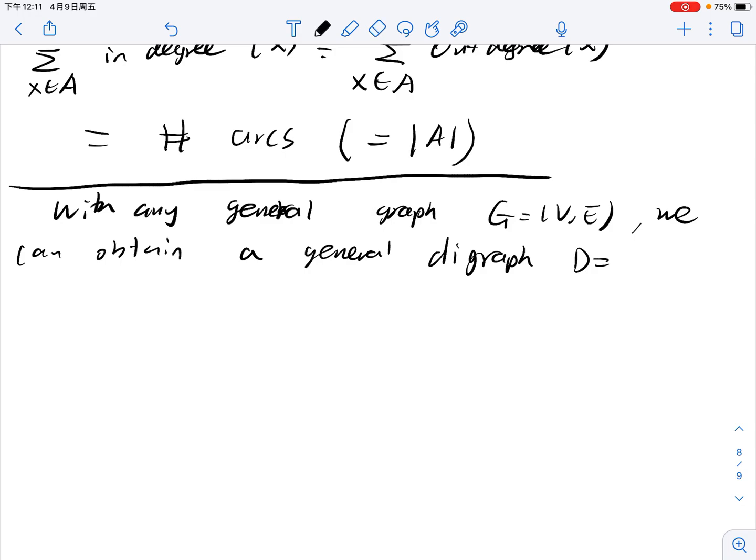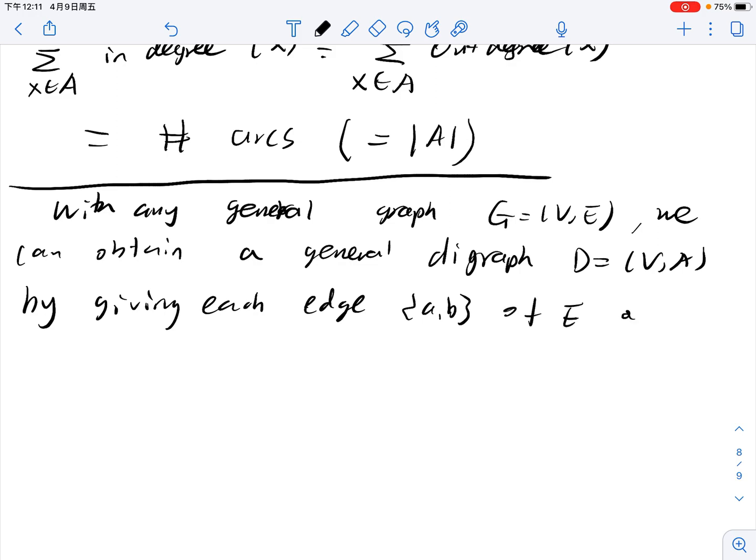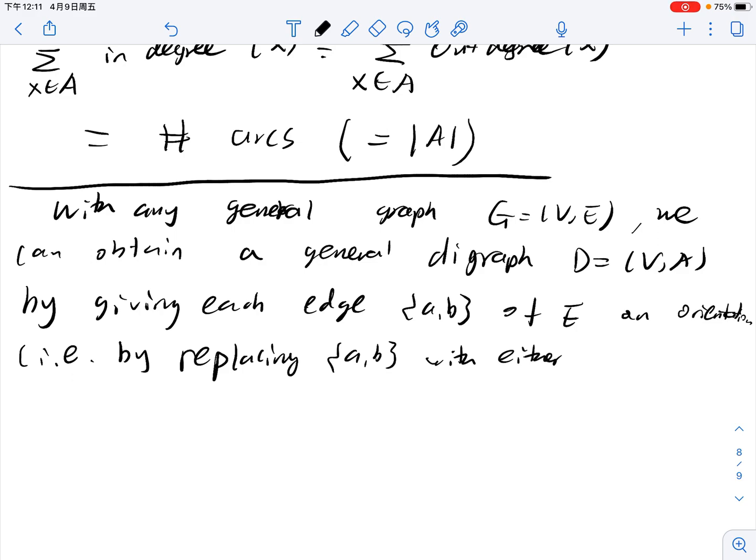For any general graph, we can decorate it and get a general digraph, just by giving each edge AB of E an orientation, or direction, just by replacing AB with either AB or BA.